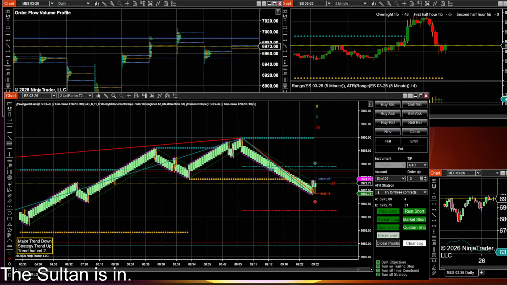So if this is a successful up bar, I would consider this the first pullback in the up leg.